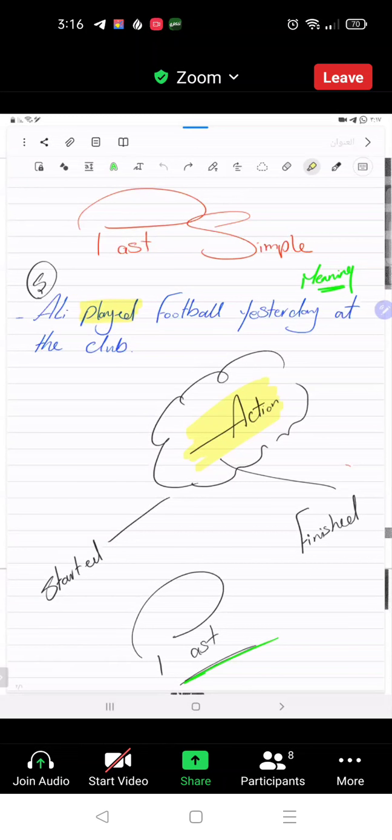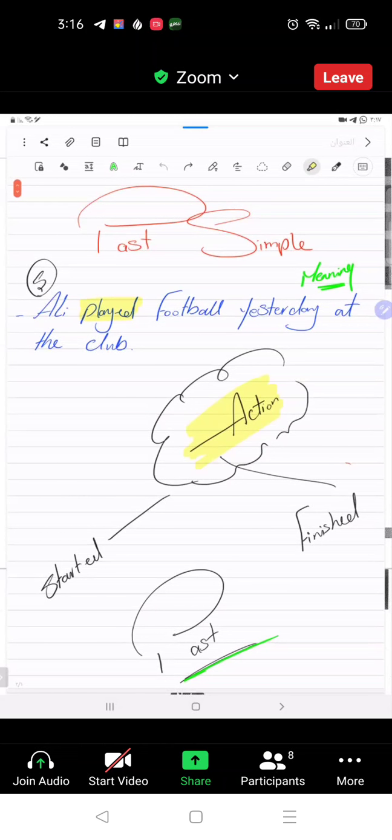It may be was playing, this is past continuous. It may be Ali has played, this is present perfect. And it also may be Ali had played, so this is past perfect. So if you have one verb in your sentence, it is called simple. But if you have two verbs, it has a lot of meanings, and this depends on two things: the shape of the helping verb plus the shape of the main verb.